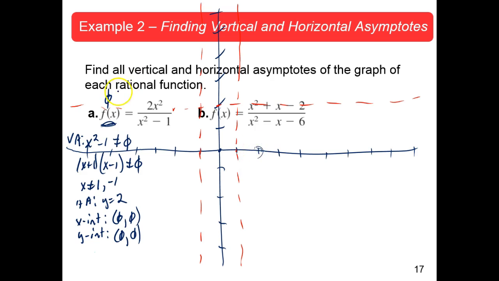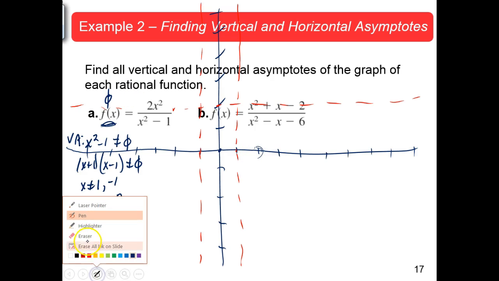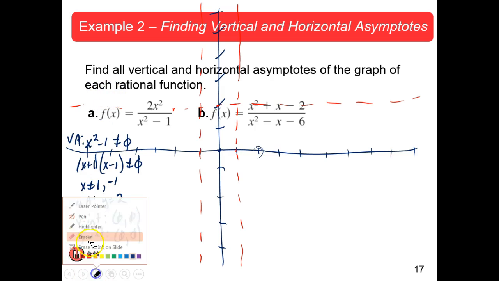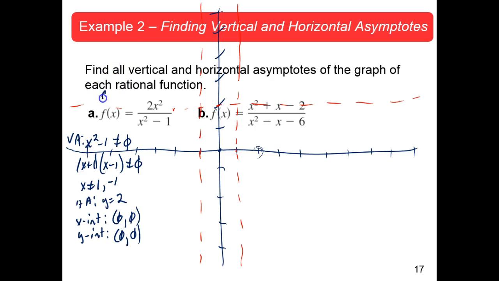x equals 2. I'm going to clear out some of this too. What we're doing here is f of 2. That's going to give me my y value when x is equal to 2.